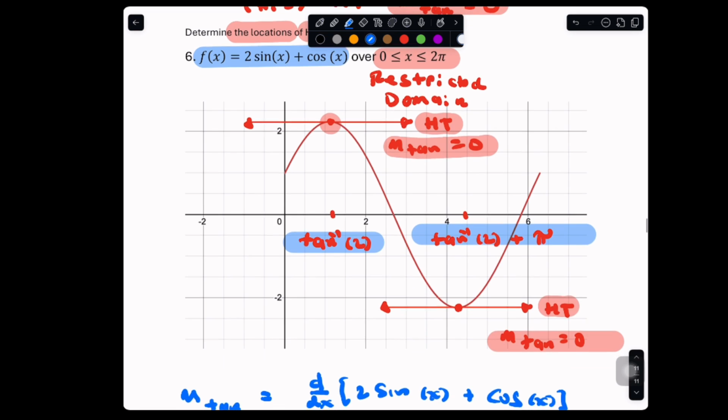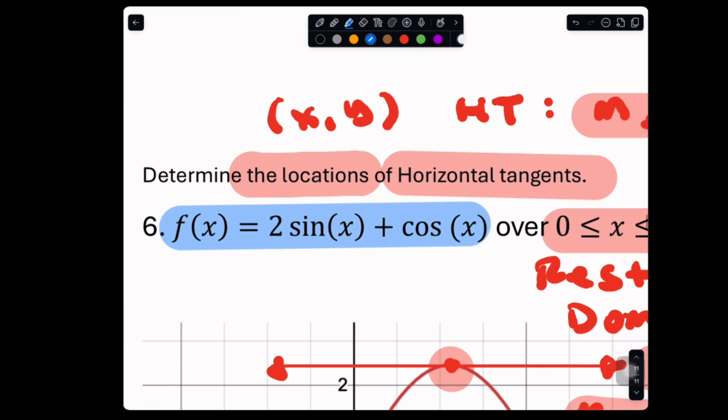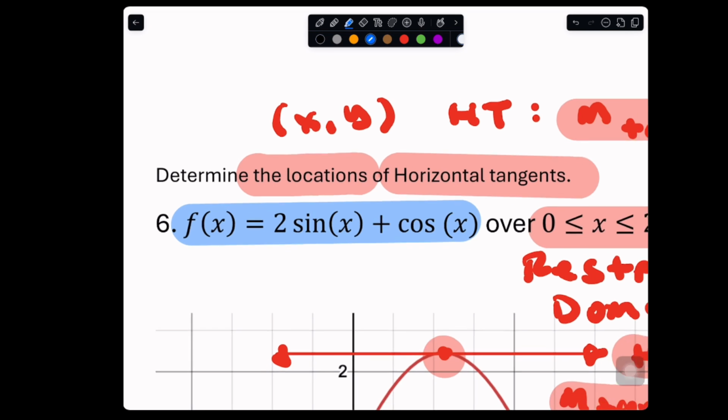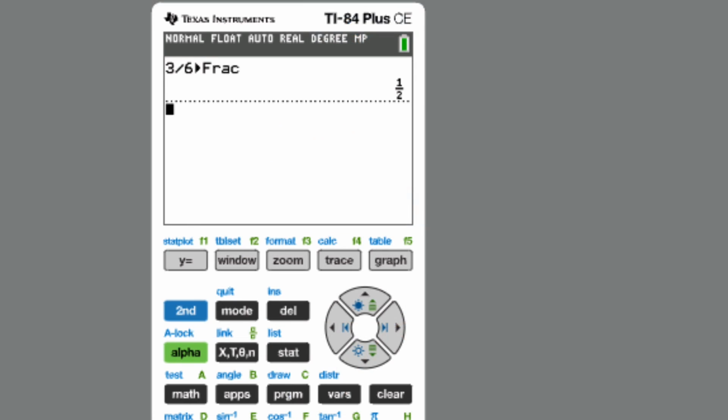But then again, you say, but what do they want? Well, they want the x and y coordinates. You only found the x coordinates. And your function is 2 sine x plus cosine x. So I'm interested in something here. I wonder what this is going to be, right?